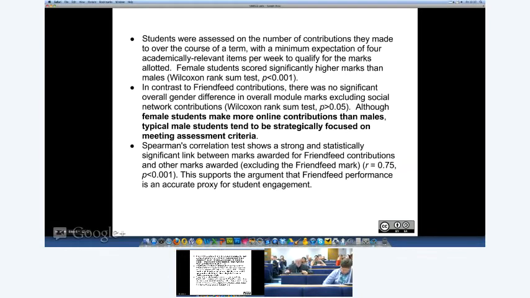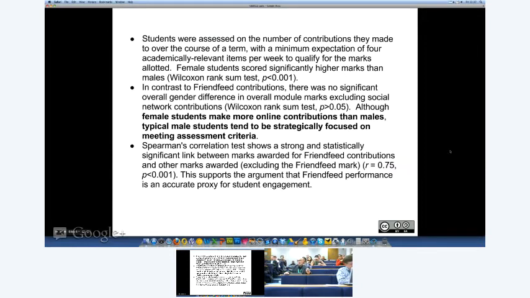Female students score higher marks than male students for the social network activity because they are more social, probably. They certainly make more contributions. But when you look at the overall module mark, we actually see no difference in overall academic outcomes.